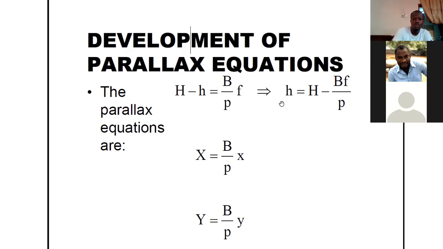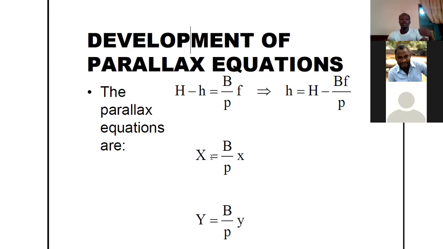So look at it carefully. This is another equation that we have. Capital X, which is really a ground coordinate, is equal to the air base B. The air base is the distance between the two exposure stations.